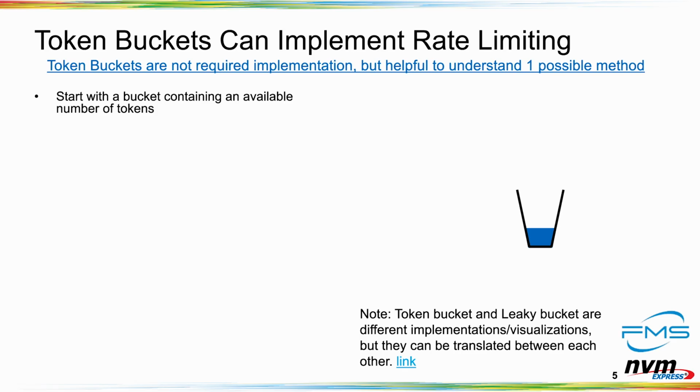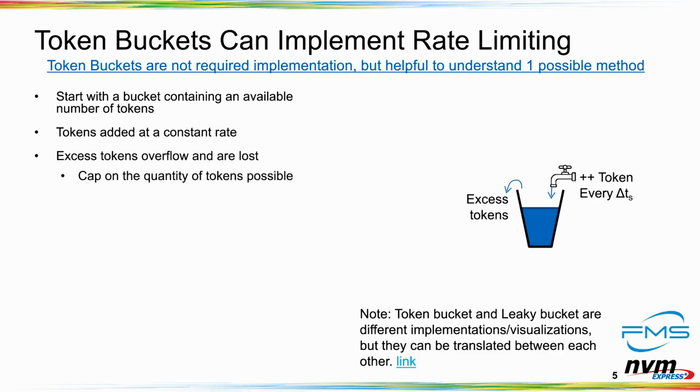So if we were to start with a bucket containing an available number of tokens, and we have those tokens replenished every delta of time, then we'll get more tokens available. Eventually, you can reach excess tokens and they would overflow, right? So if a tenant were idle, then that tenant cannot over-accumulate tokens in this example.